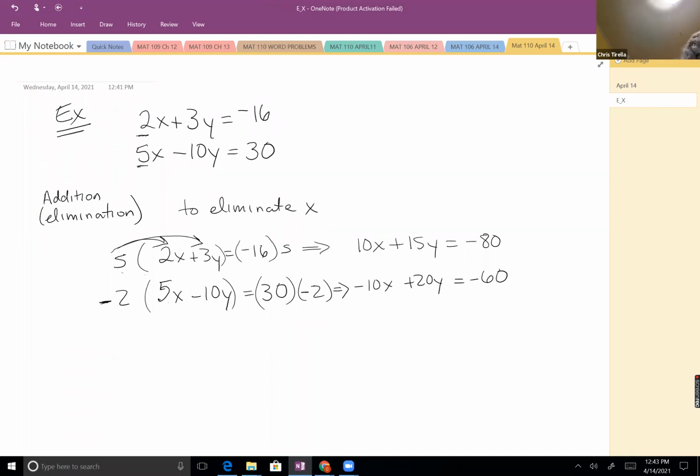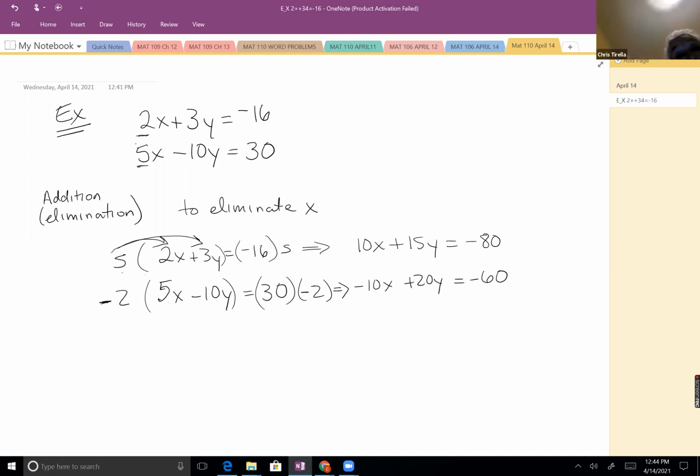I want to stop for a minute. I want to make sure, is everybody comfortable with the executive decision, if we're eliminating x, to multiply the first one by 5 and the second one by negative 2? How did you choose those numbers?